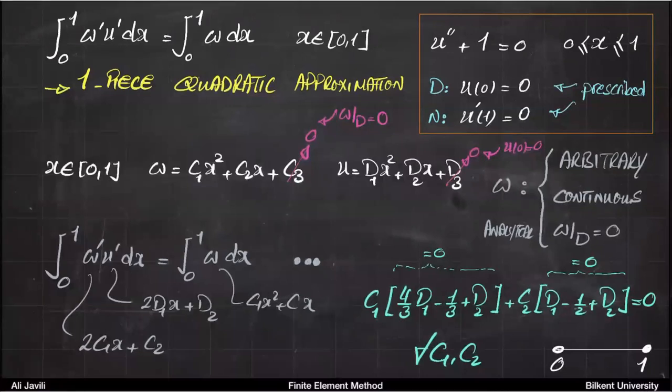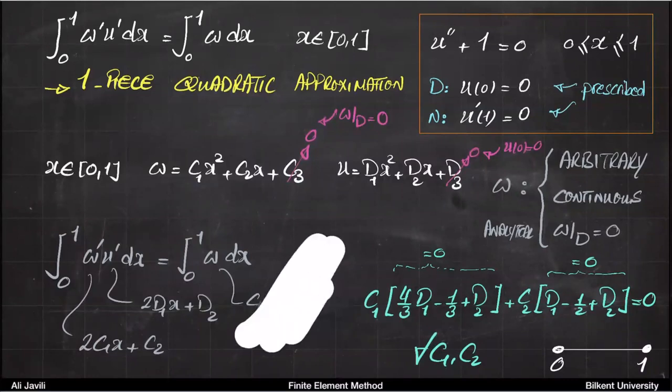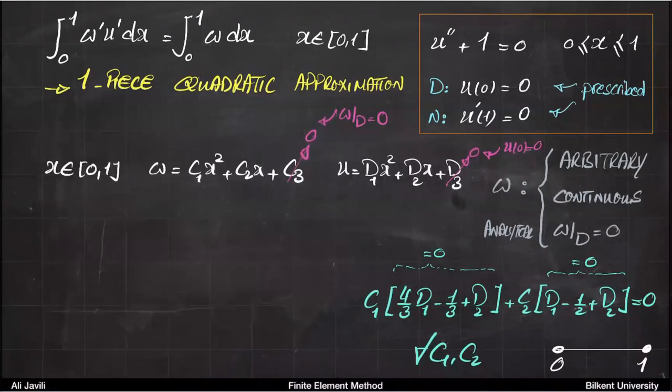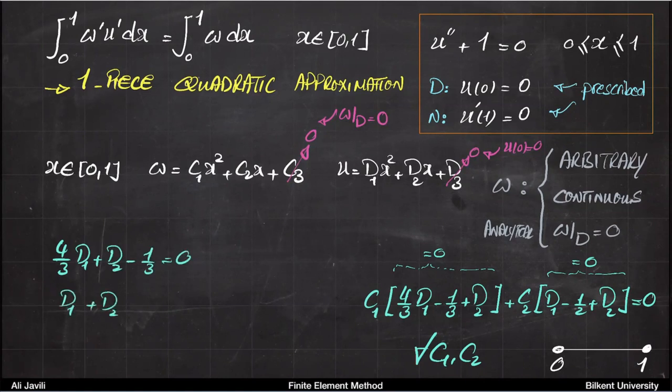If I write that system, you would have 4/3 d1 plus d2 minus 1/3 is 0, and then d1 plus d2 minus 1/2 is 0.